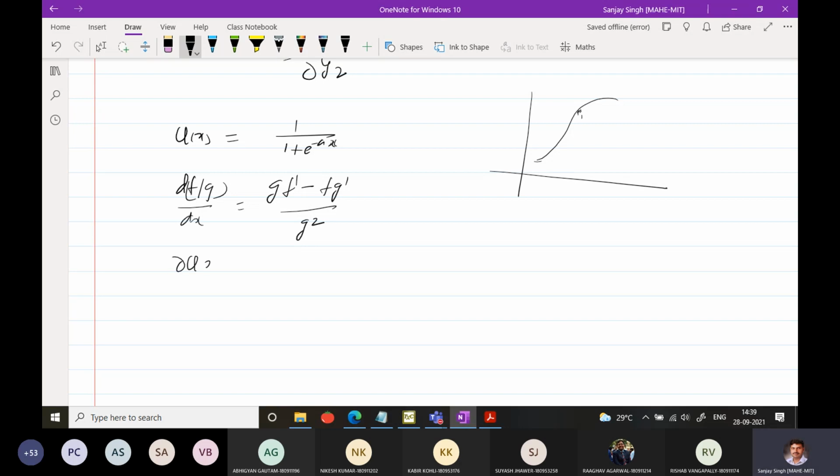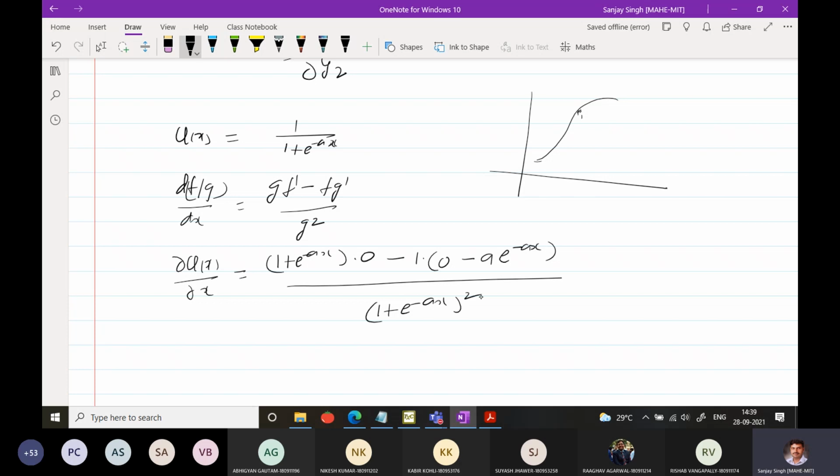So if I take phi of x here, how much does it come out to be? g is 1 plus e raised to minus ax. The differentiation of 1 is 0, so minus f, which is 1, into the differentiation of the denominator, that is 0 minus a e to the power minus ax, over (1 plus e to the power minus ax) whole square.